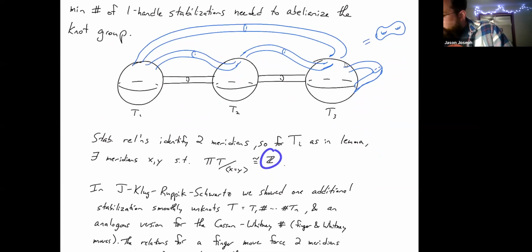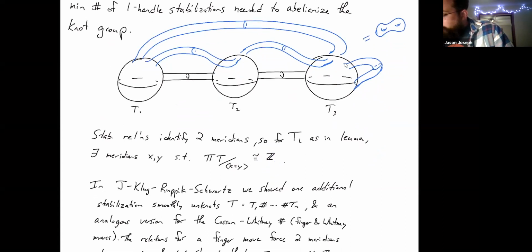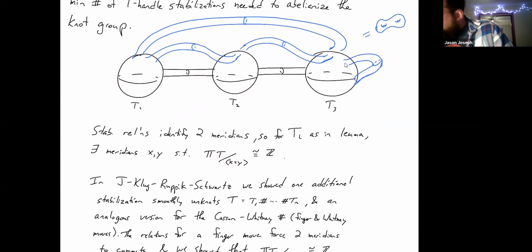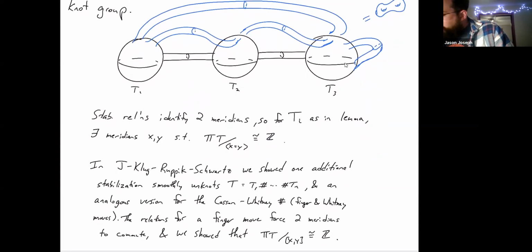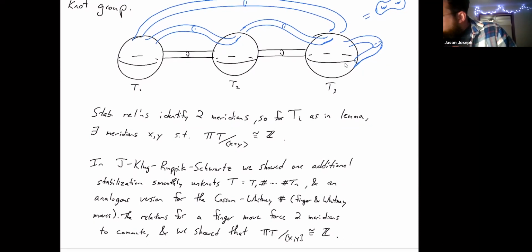Now, in this other project I mentioned, which was with Mike Klug, Benjamin Ruppik, and Hannah Schwartz, we showed, like I said, you can smoothly unknot it with an additional handle, and an analogous version for the Cappell-Shaneson number, which is the number of finger and Whitney moves in a regular homotopy to the unknot. So the relations for a finger move force two meridians to commute, which is weaker than being identified. And we showed that actually, if you make those two meridians commute, you also abelianize the group.